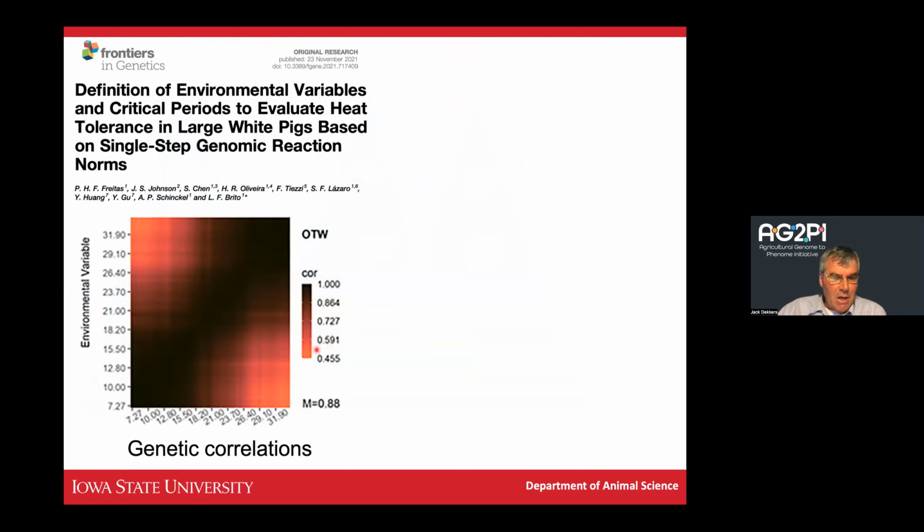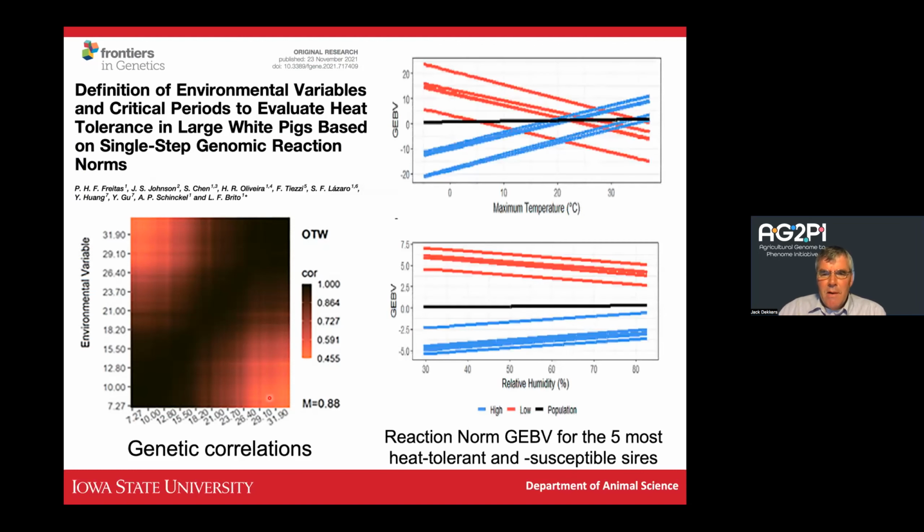So even in a commercial environment, temperature ranges are quite different, even though there's environmental control to some degree. Temperature difference and humidity are quite different across the country and in different countries. And that leads to G by E, and you can use reaction norms to fit that and categorize that and identify animals that are more or less heat tolerant.